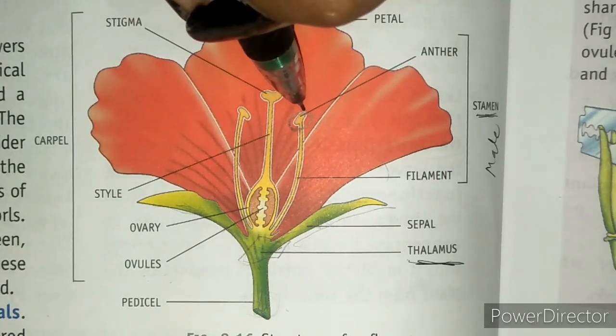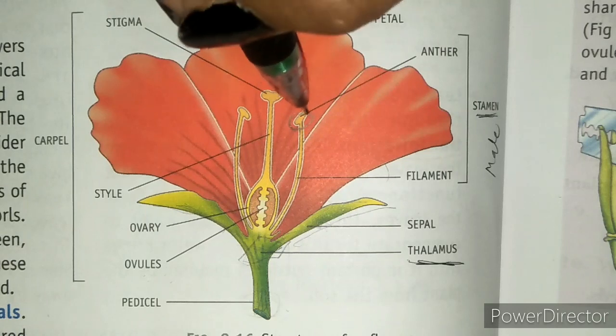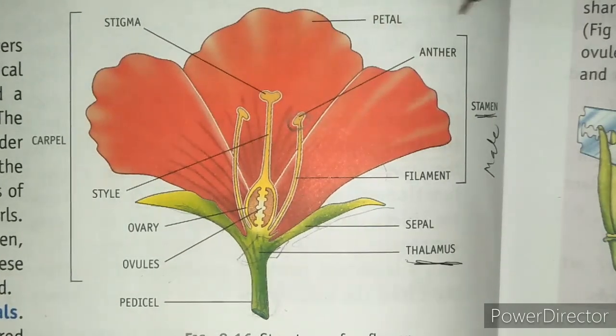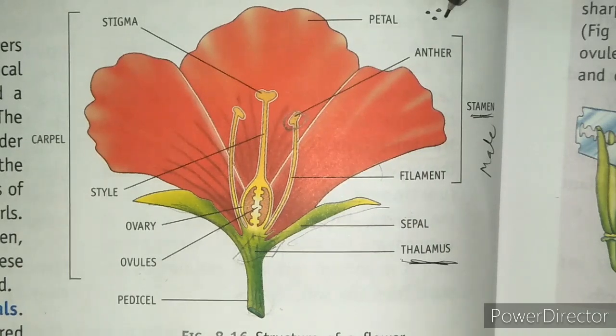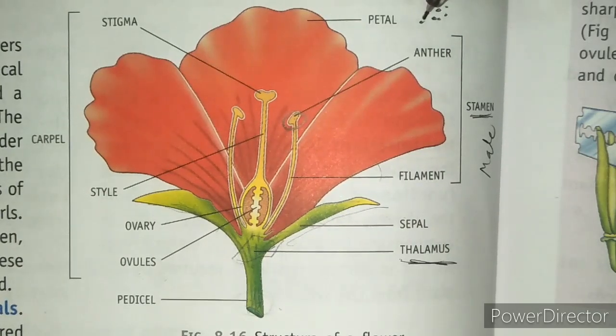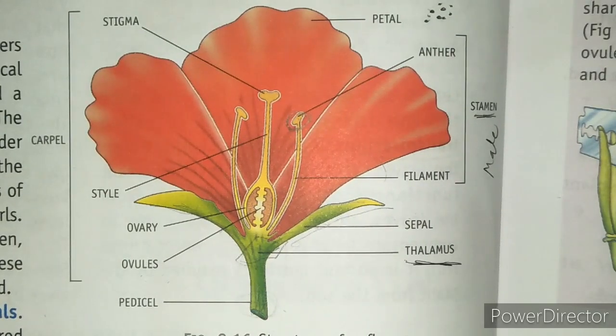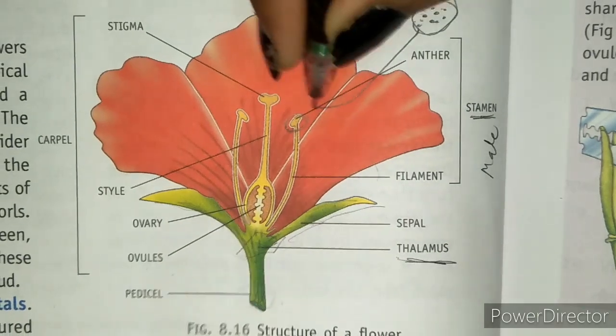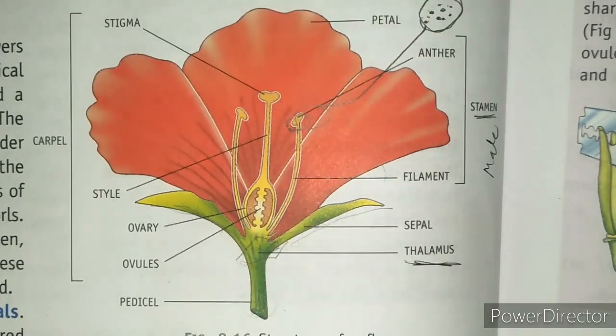This structure is known as anther. In these anthers small pollen grains are present. Pollen grains are dot-like structures, very small and minute in size, and these are visible with the naked eye, but the size is very small. These kinds of pollen grains are present in this anther. Clear?